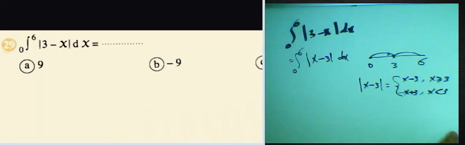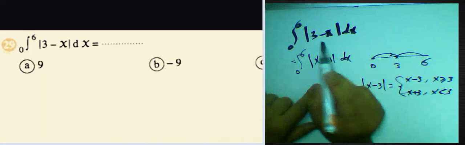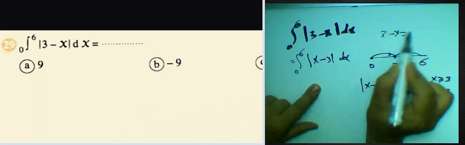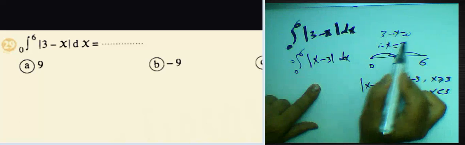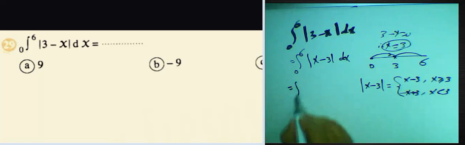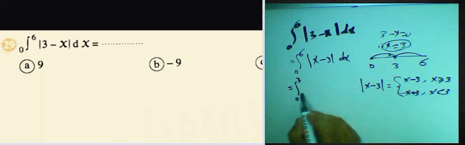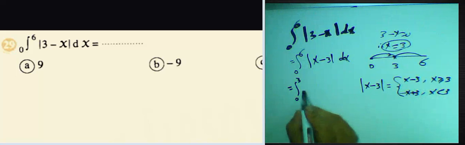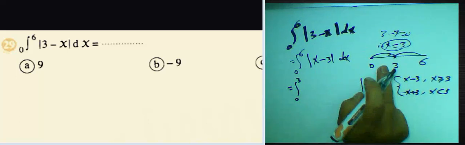Look at here again. First, we must put this expression equal to 0. 3 minus x equals 0, where x equals 3. Then you can write this interval here from 0 to 3, and this function will be positive x minus 3. Okay, from 0 to 3 we must write what?